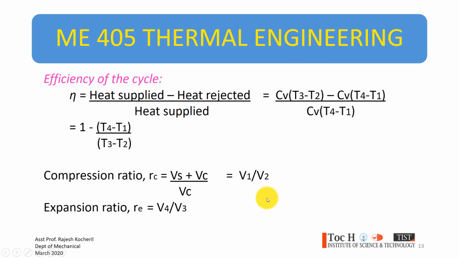Therefore, when we consolidate this, the efficiency becomes 1 minus (T4 minus T1) divided by (T3 minus T2). And we are aware that the compression ratio is the total volume in a cylinder divided by the clearance volume. The total volume is the volume swept by the piston Vs plus the volume above the piston when the piston is at TDC beneath the cylinder head.